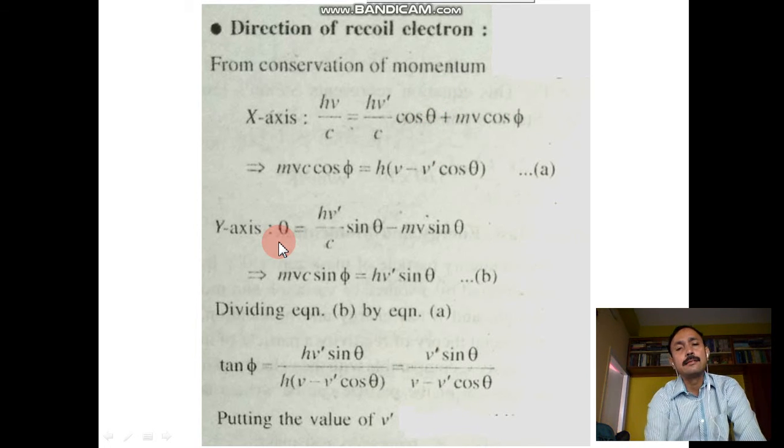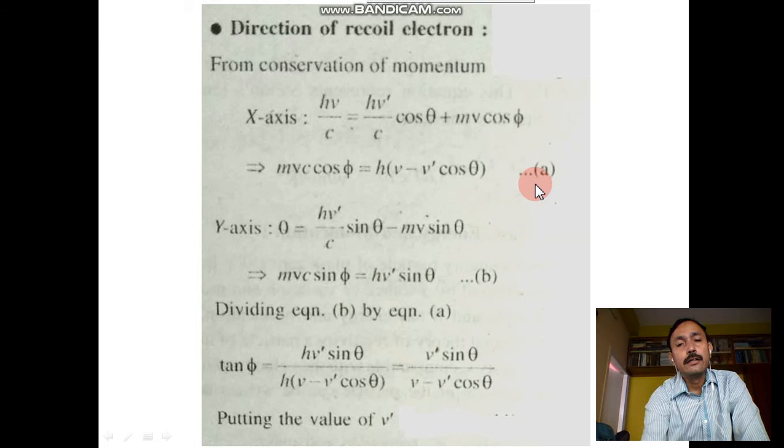Along the y-axis, there is no momentum of the photon as well as the rest electron. On the y-axis, the scattered photon momentum is h nu dash by c sin theta minus mv sin phi. So mvc sin phi is equal to h nu dash sin theta.